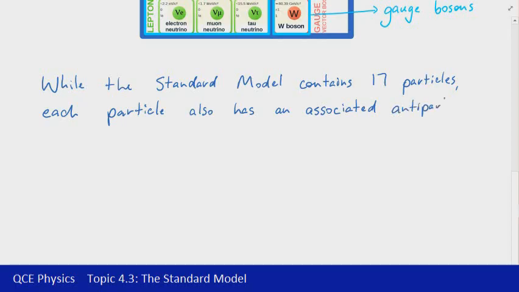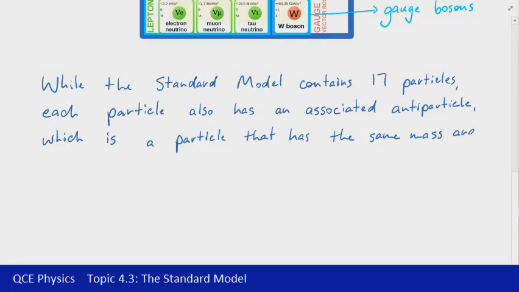The idea of an antiparticle is that it is a particle that has the same mass but opposite charge. And in some cases where we have particles that are neutral, it might be that it has an opposite spin as well.